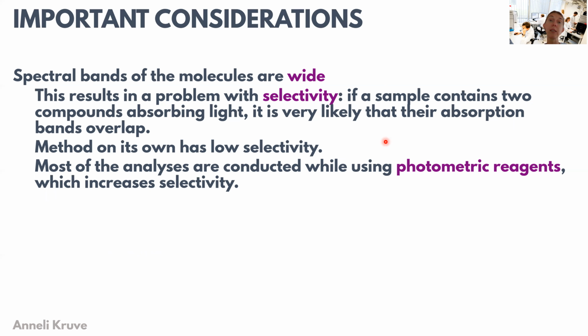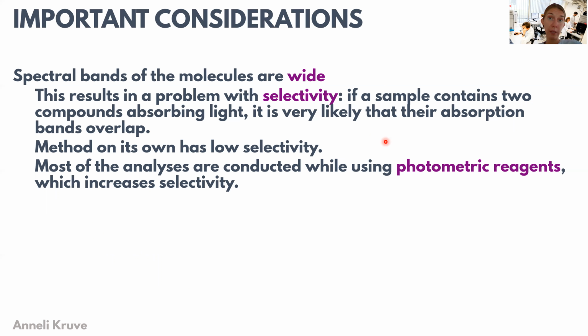This selectivity can sometimes be increased, especially for metals, by adding photometric reagents. These are ligands, in the case of metals, that form long-wavelength absorbing complexes, so colorful complexes with the metal, which are then much more selective as well. In these cases with photometric reagents, there is usually twofold selectivity.